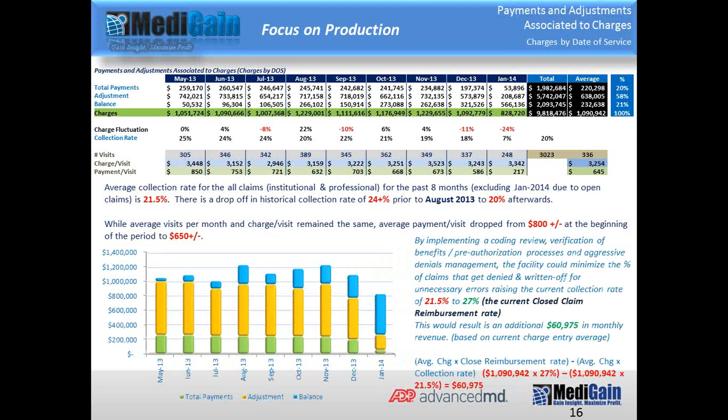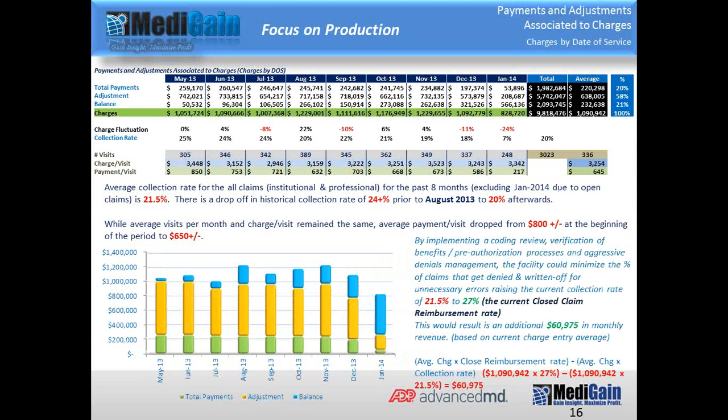Many of you know it in your heart, it's 33% or it's 42%, depending on the markup of your charges. So that number is a base number, but we're going to compare that against a number that's a little bit more specific. And this is going to be the closed claim reimbursement rate.